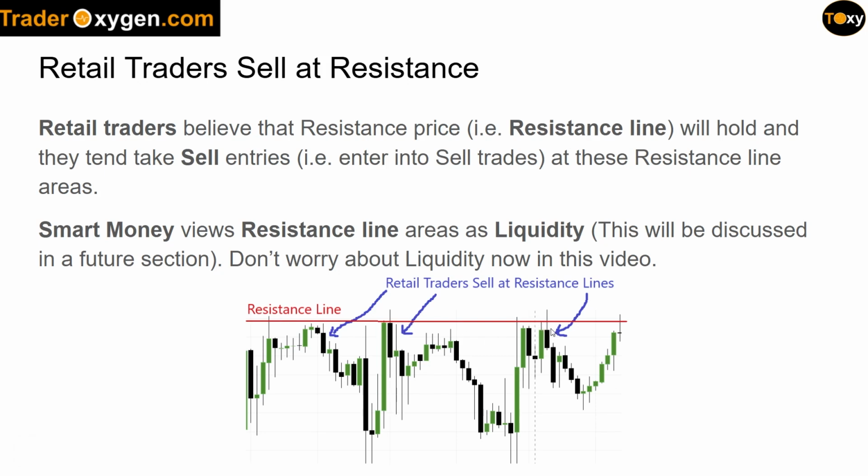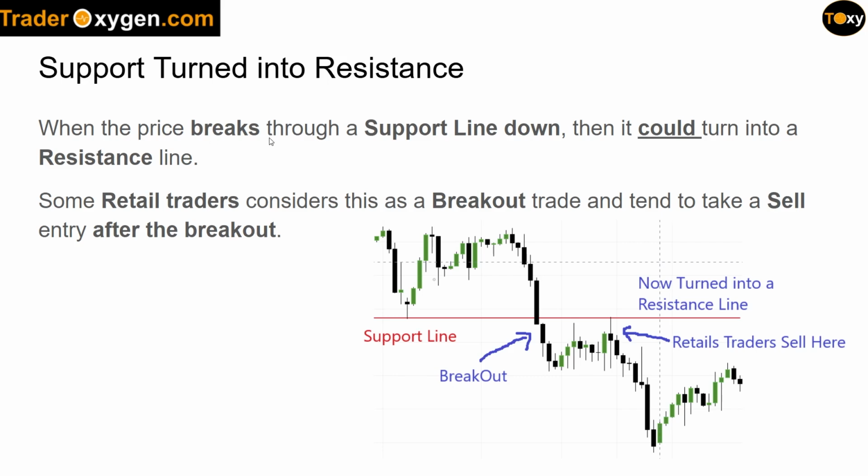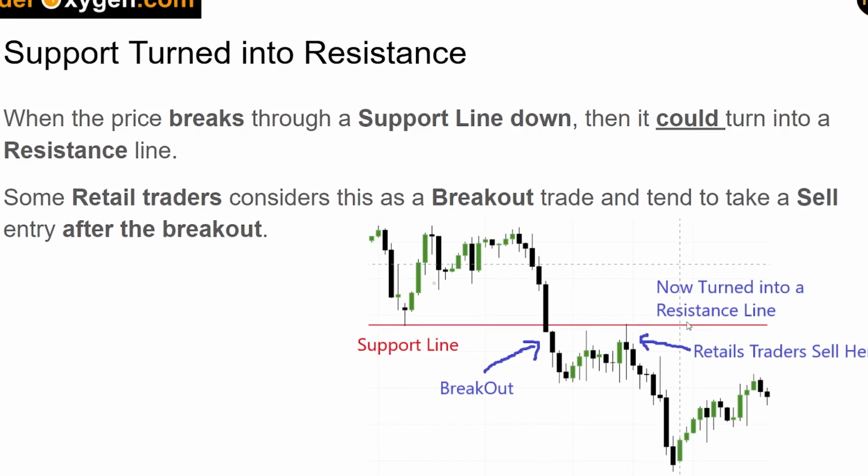Okay, so now let's look at how support can be turned into resistance. What does that mean? When the price breaks through a support line, there are instances where the price will break down, and in that case that support line can start to act as a resistance.